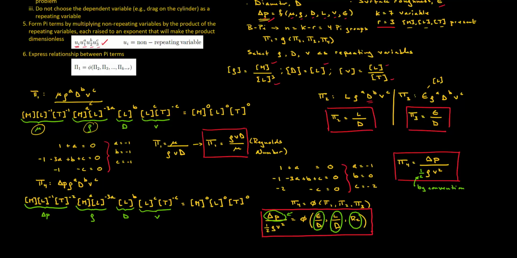And we will look at examples of how to equate these terms between, let's say, an experiment and something in a different environment. Okay, so in this video, we looked at the method of repeating variables, which is a systematic way of determining the form of our pi groups.